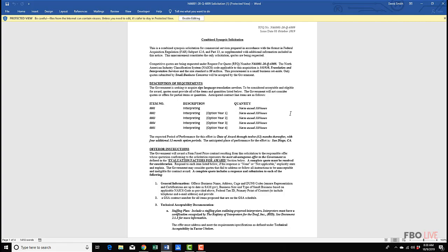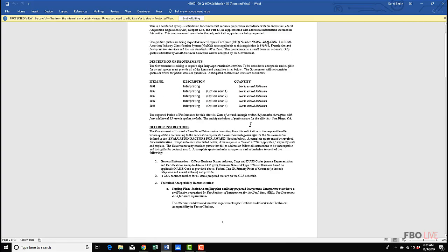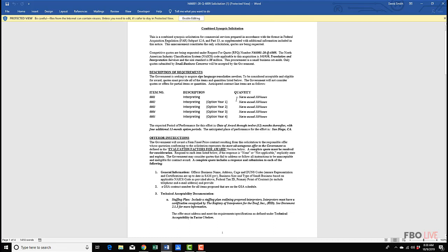But when they're saying a unit price, I don't know exactly what they mean. They could mean your hourly rate and then the multiplier of 350 hours, and then that's just extended out for each option year as well. Or they could be saying each CLIN is its own unit, and so they want the price for each CLIN, which is understandable.